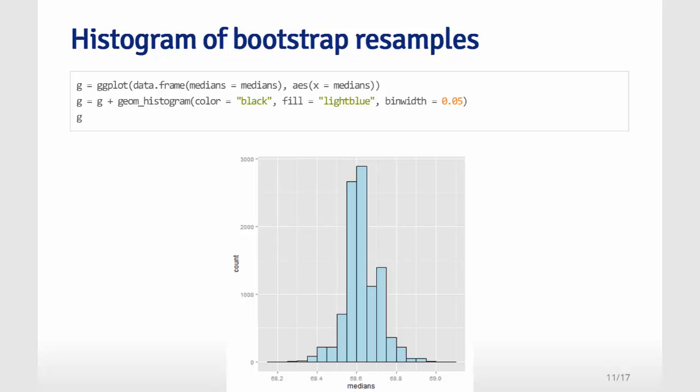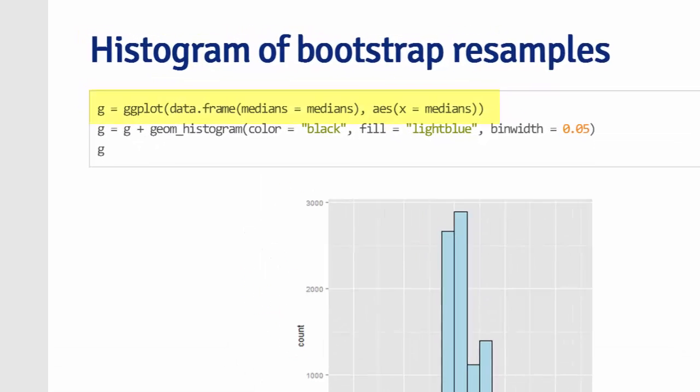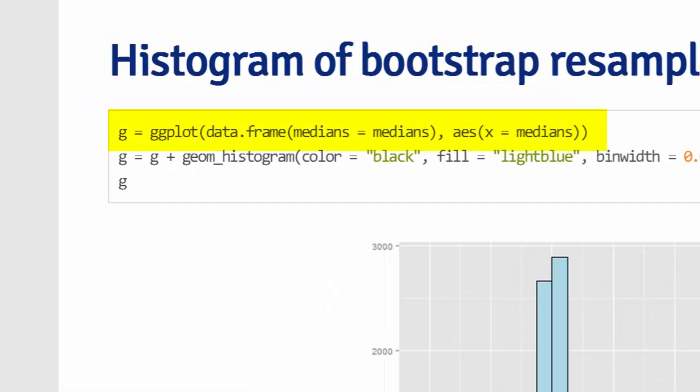Here's my histogram of bootstrap resamples, and this is just always a good thing to do. I did it with ggplot, and so here you see me assigning g the output of the ggplot function. ggplot works on data frames, so I define a data frame as my collection of medians, and then my aesthetic, my x variable, is the medians.